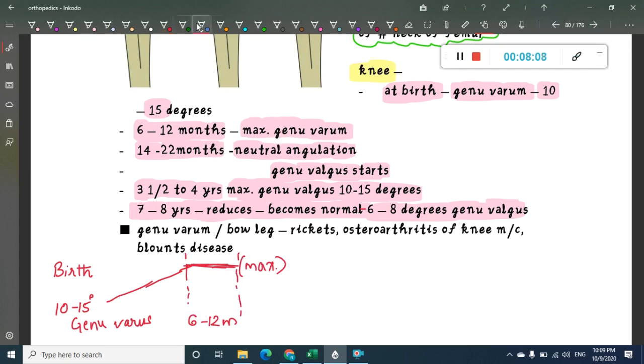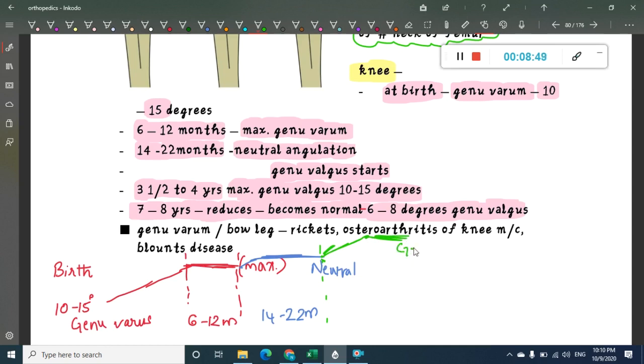Now from 14 to 22 months, there is neutral angulation. Then from this you have something called genu valgus, which will start, increases, and becomes maximum genu valgus.